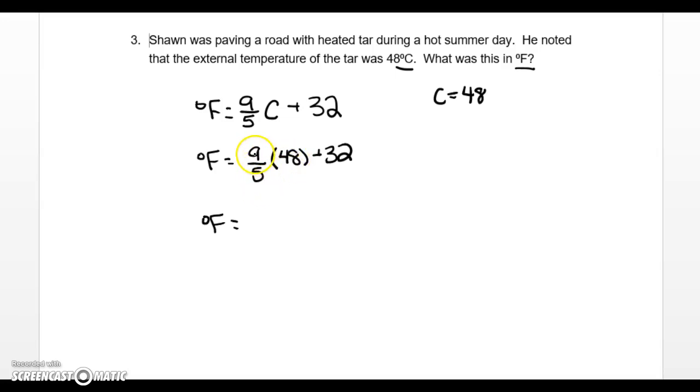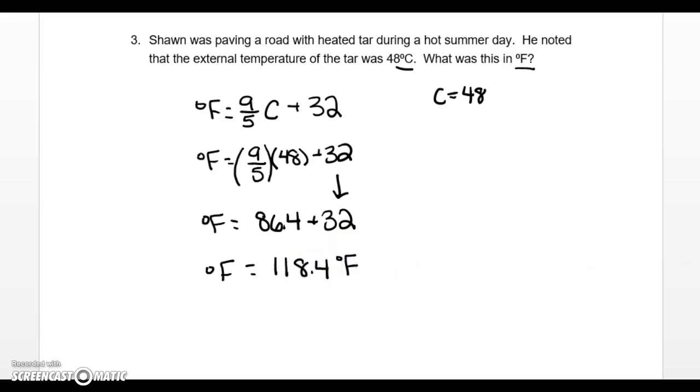Or once again, if you want to use that second way that I was showing you, you could put brackets around your fractions, go 9 divided by 5, and then times 48. When you put that into your calculator, what you should find is that you get 86.4. Then make sure to bring down this plus 32 and keep going with that addition. So your degrees Fahrenheit would be equal to 86.4 plus 32, which is 118.4, and our units here are degrees Fahrenheit.